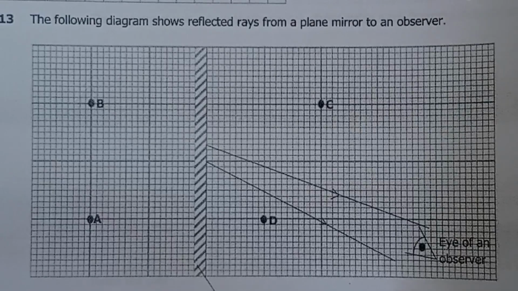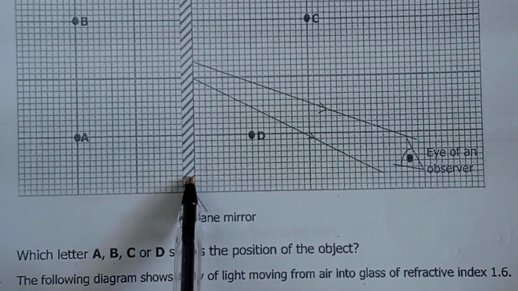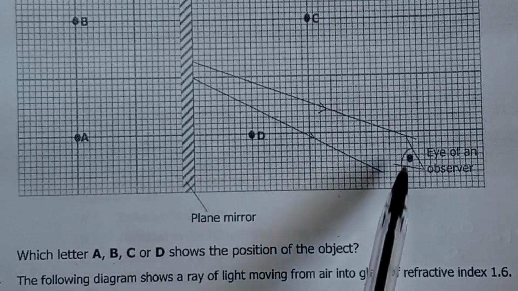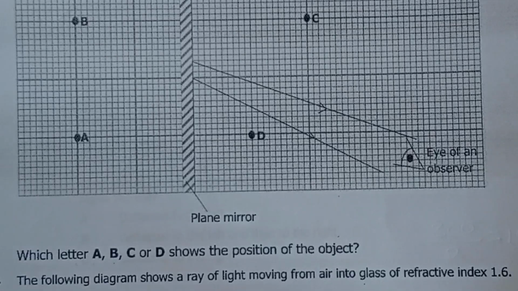Number 13. The following diagram shows reflected rays from a plane mirror to an observer. So we have, this is an observer and this is the mirror. Which letter A, B, C or D shows the position of the object? So this is an observer.